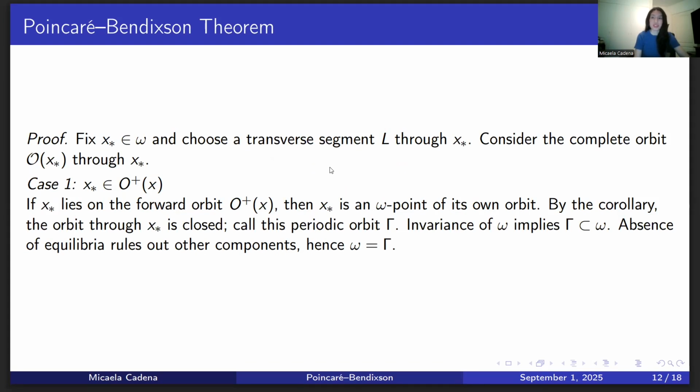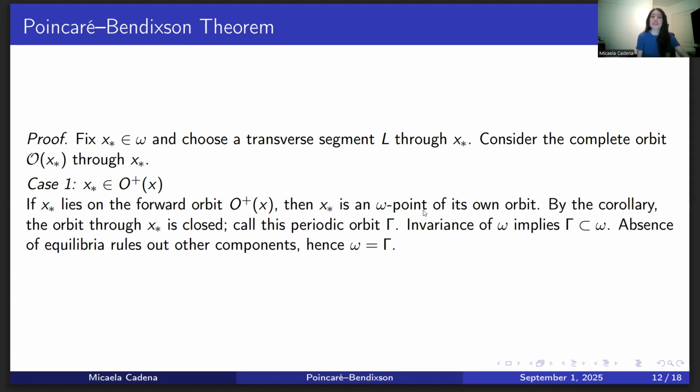We will also consider the complete orbit through X star. The first case we're going to work with is that X star belongs to the forward half orbit of X. If that were true, then X star is an omega limit set point of its own orbit. And by the previous corollary, that would mean that the orbit through X star is closed.